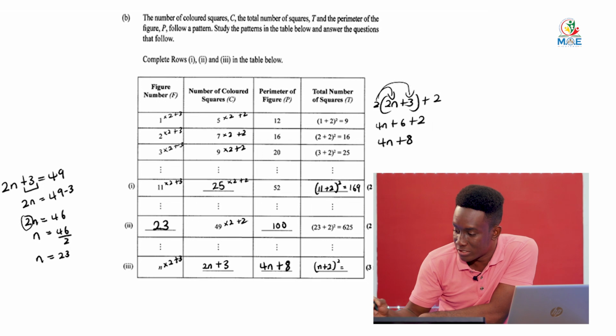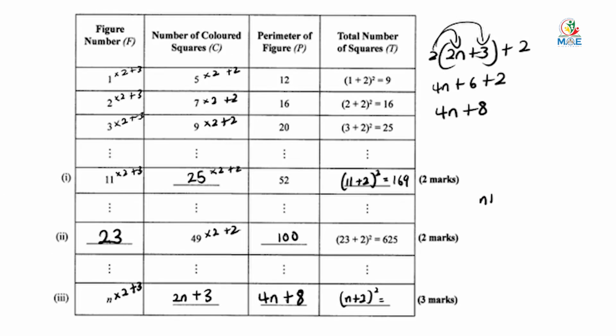We know this will give us, so we need to work this out. So n plus 2 squared would simply be n plus 2 multiplied by n plus 2. We take the n and multiply by everything in the second bracket. So this will be n multiplied by n plus 2. Then I take the plus 2 and multiply by everything here again. So plus 2 multiplied by n plus 2. So n times n would be n squared.